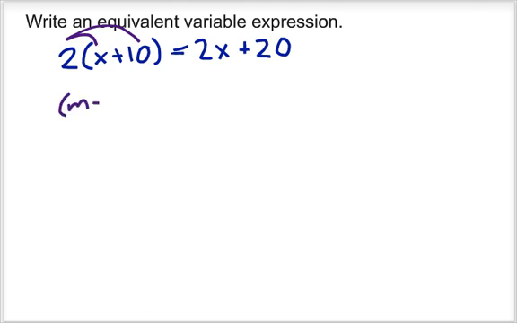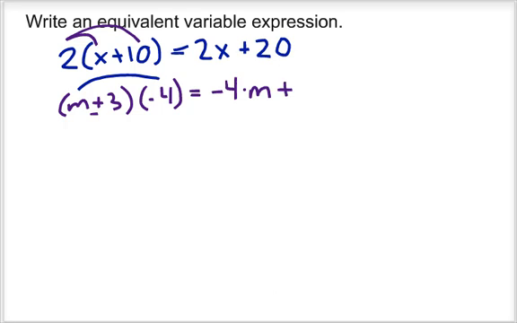How about m plus 3 times a negative 4? And again, since we're starting to use negative numbers, it can get a little tricky as to what your signs are, so be extra careful that you're paying attention to what numbers you're multiplying. So I'm just going to go ahead and draw an arrow here. We've got negative 4 times m, or negative 4m, still addition, plus.